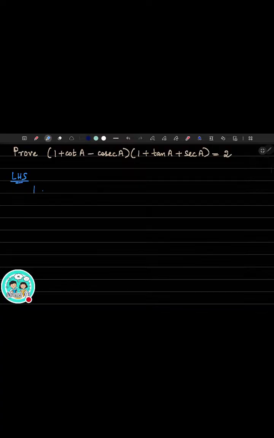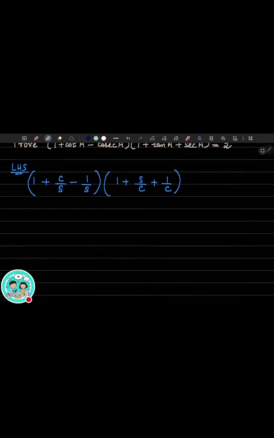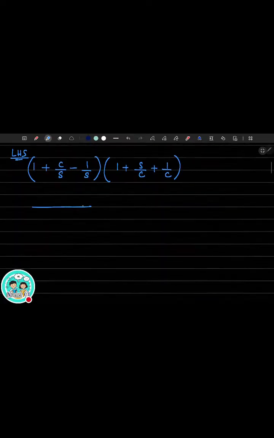LHS, the first term is 1 plus cot, which is nothing but cos by sine, minus cosecant, which is nothing but 1 by sine theta, multiplied by 1 plus sine by cos plus 1 by cos. The LCM here, obviously, is sine, so you have (sine plus cos minus 1) multiplied by, cos being the LCM, (cos plus sine plus 1).